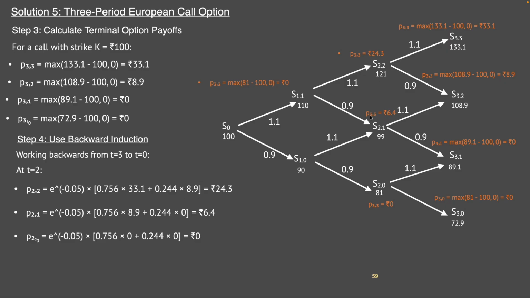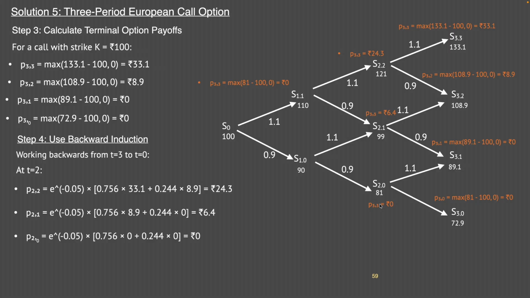Similarly, this is not P33, please correct it, this is P22 and this is P21. What is the value of P21? P21 is equal to e to the power of minus 0.05 times the weighted values, which is nothing but 6.4.